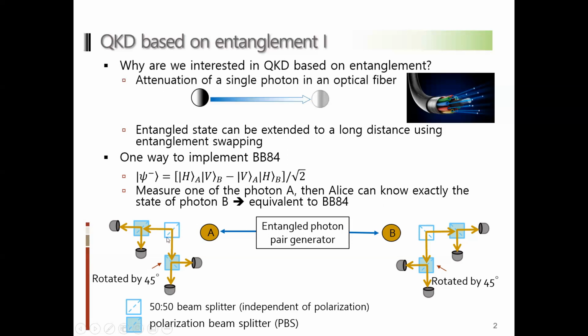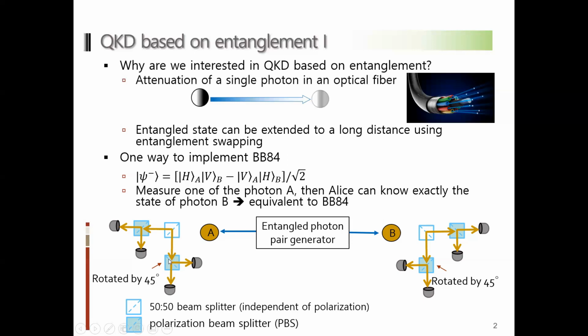And we especially choose a beam splitter which will exactly transmit half of the light and reflect half of it. So if we use this kind of device, then the incoming photon A will have a 50% chance to go here and be detected using the HV basis, or it will be reflected to here.